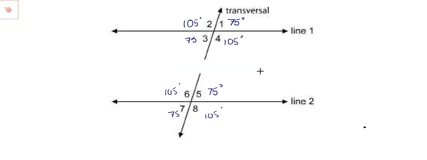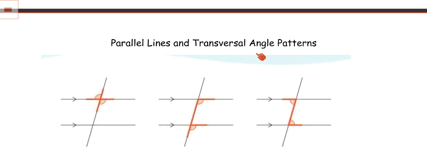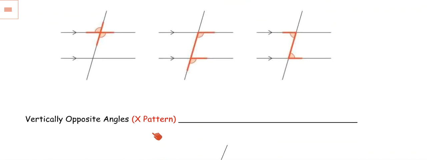Alright, so does that make sense? So we're looking at 2 diagrams that are basically the same diagram. That's easy, right? So let's look at some vocabulary. Parallel lines and transversal angle patterns. Now, one thing we've already got is that the vertically opposite angles, we could potentially say it's an X pattern, makes sense?